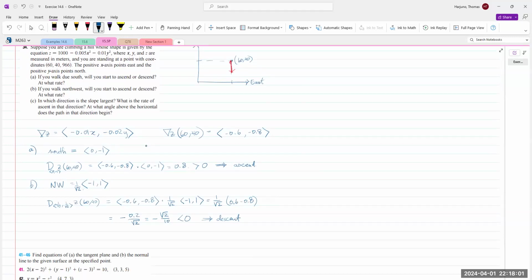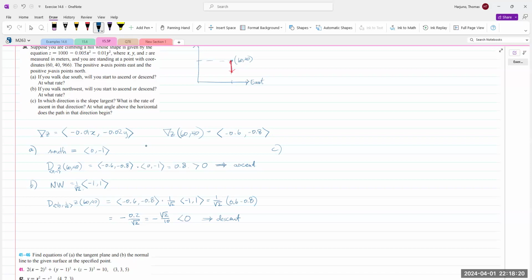I think part C is the most interesting one. In which direction is the slope largest? What is the rate of ascent in that direction? And what angle above the horizontal does the path in that direction begin?